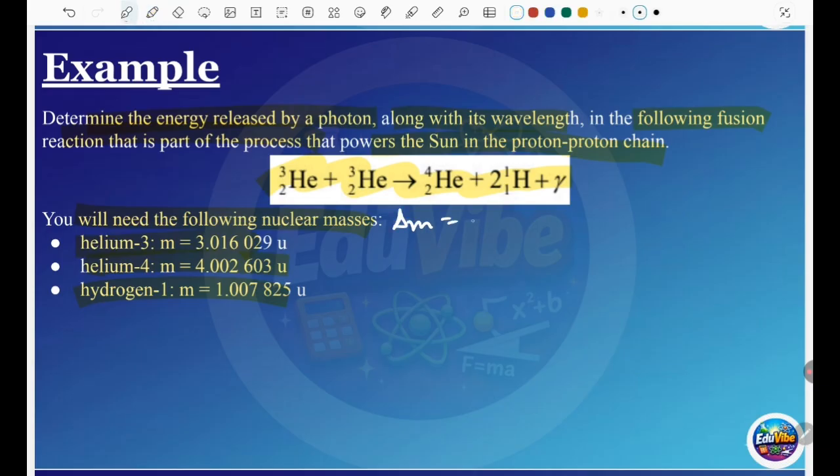The defect mass is equal to the mass of the reactants minus the mass of the products.